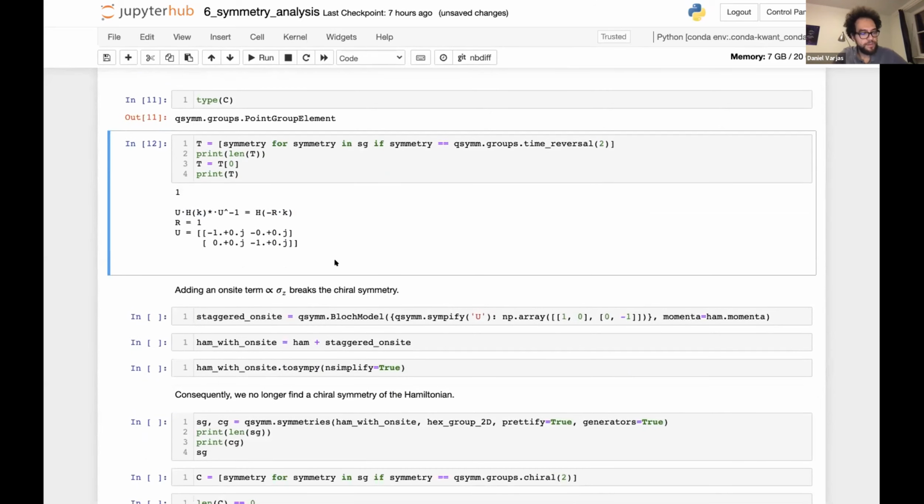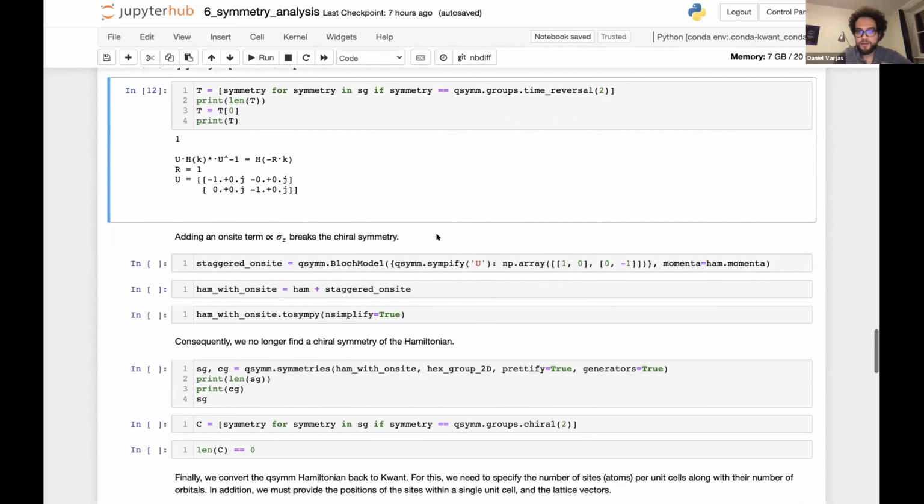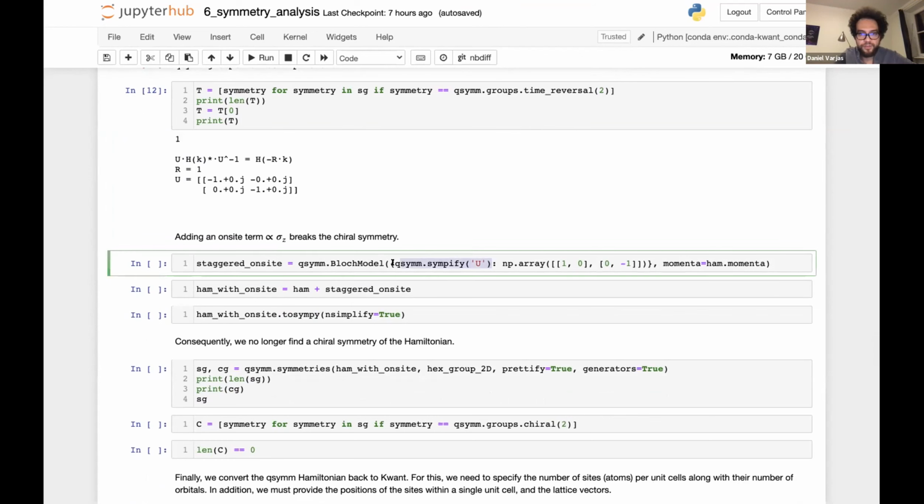Okay, so let's do something that is often done to graphene. Let's add a staggered onsite term. And so for the staggered onsite term, we just have a coefficient U and a sigma z. So this is 1 on one sublattice and -1 on the other sublattice.